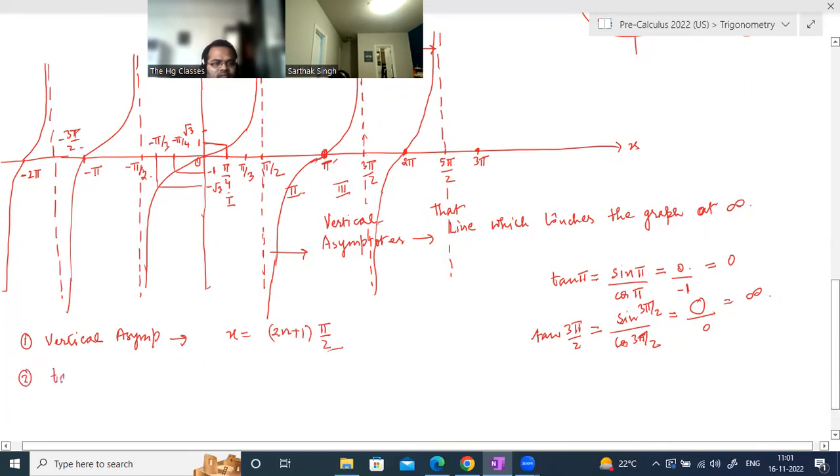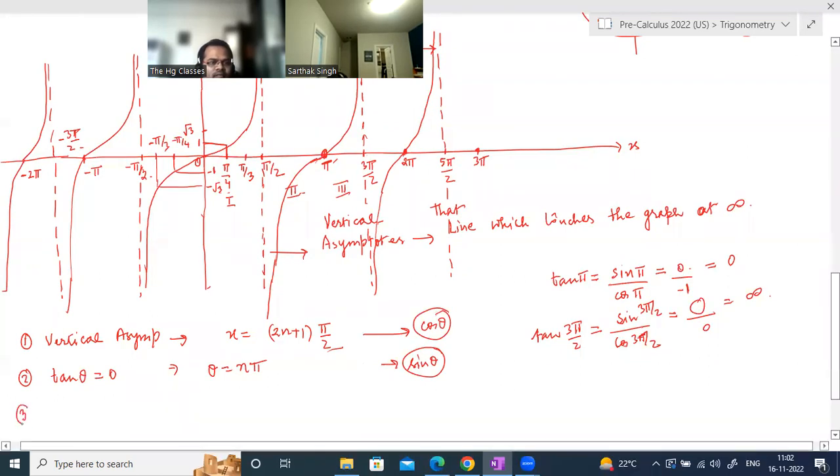Second characteristic, tan theta is 0 for every multiple of 180, theta equals n pi. This is very easy to deduce, because sine is 0 here, therefore tan theta will also become 0. And cos theta is 0 for every odd multiple of pi by 2, so tan theta will become infinity in such cases.